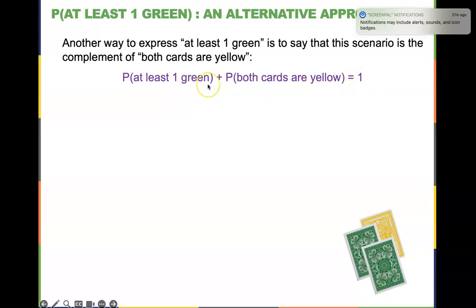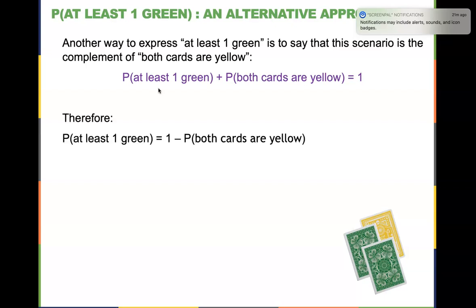This is 100% of the time you're either going to get both cards are yellow, or you're going to get at least one green card. So if we rearrange this equation, we could say that the probability of at least one green is equal to 1 minus the probability of both cards yellow.